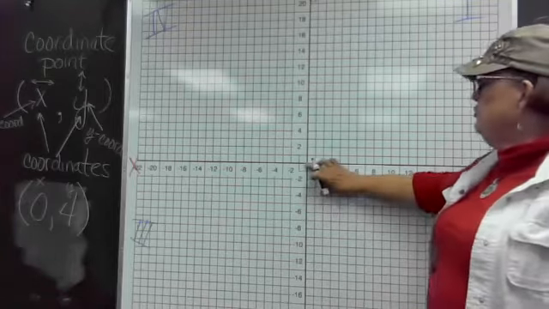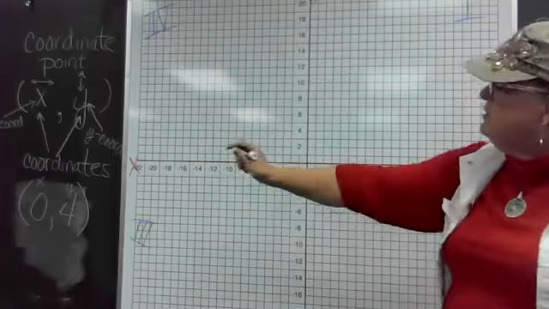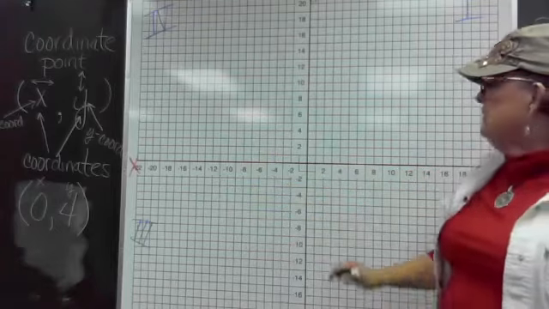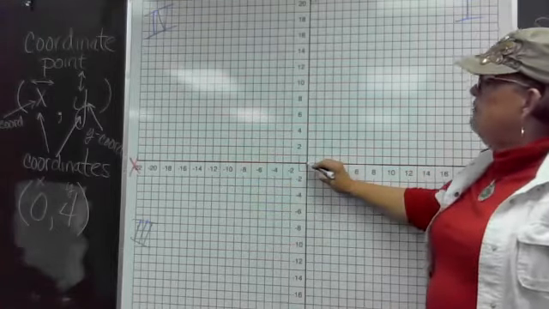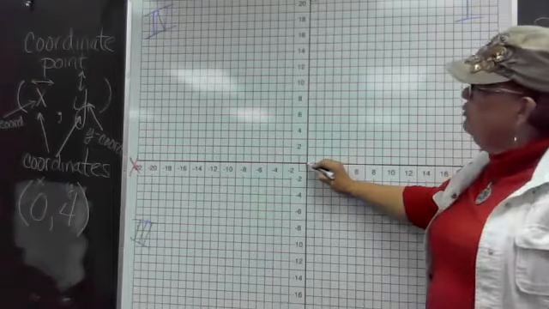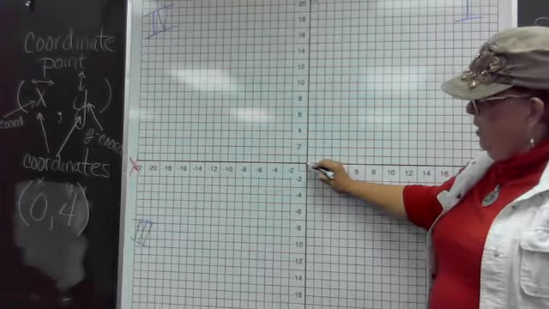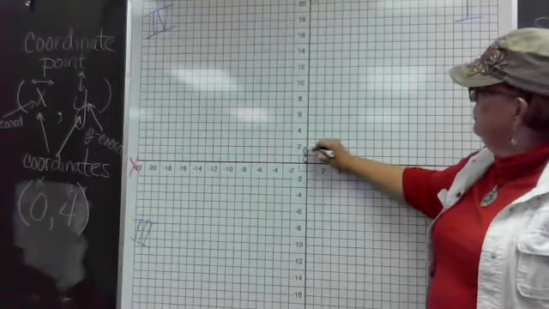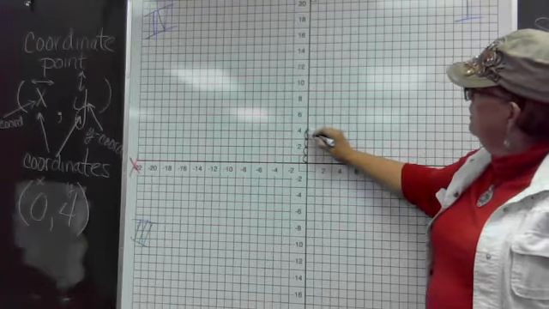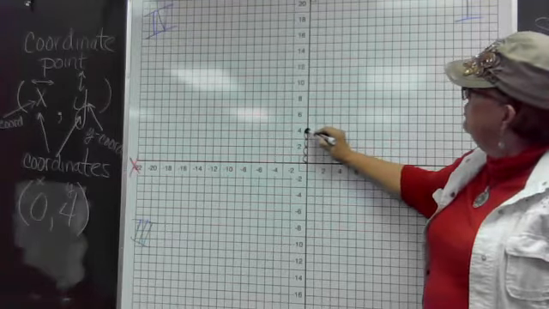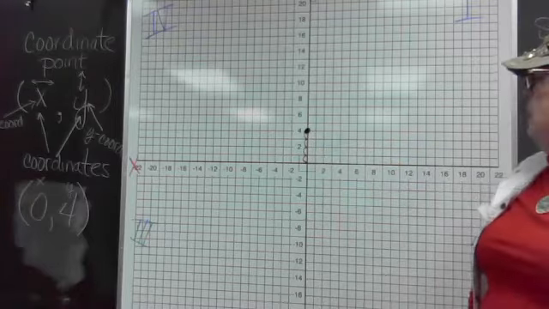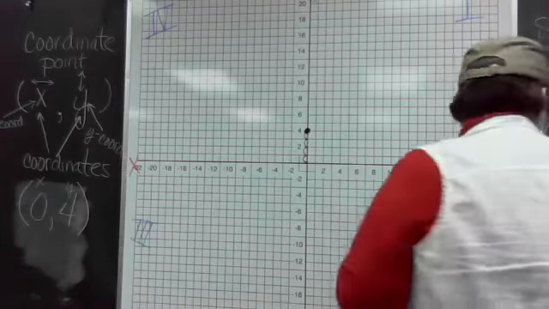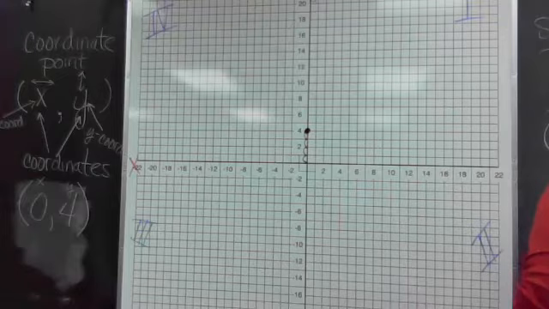If we start at the origin, which we always do, the x coordinate tells us we're going to move no blocks on the x-axis, so I'm still here. Then the other one says I'm going to move up or down 4. In this case, it's positive, so I'm going to move 1, 2, 3, 4. And so the point will be right there on the y-axis. So be very careful with coordinates that have 0 in them. Let's look at this one.